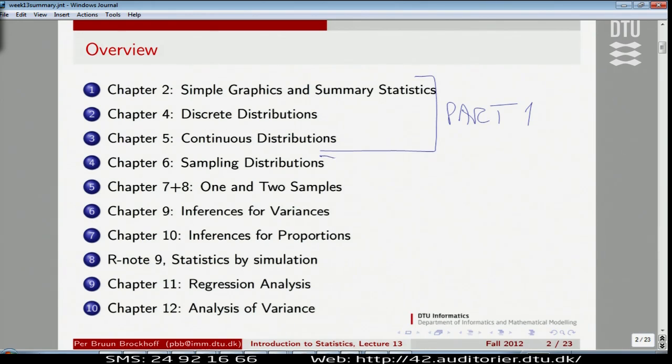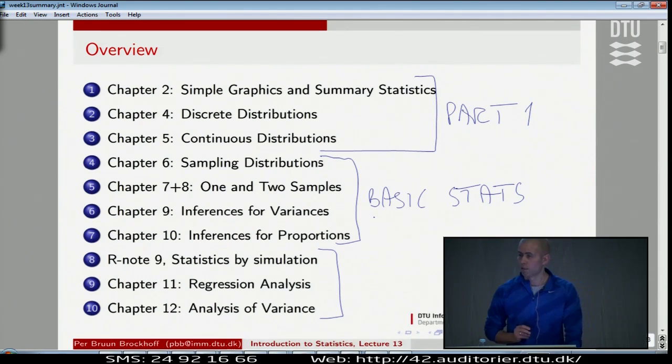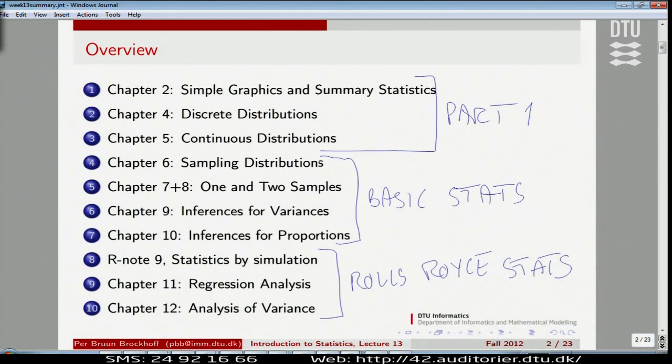Then I do basic stats, really basic stats, and then Rolls-Royce stats. At least the cheapest version of the Rolls-Royces. There are better and bigger Rolls-Royces out there, but you get to see a flavor of it in this course. So that's the plan for this.